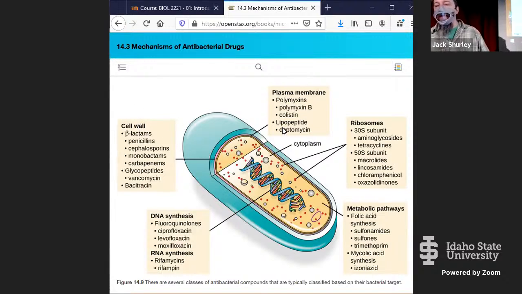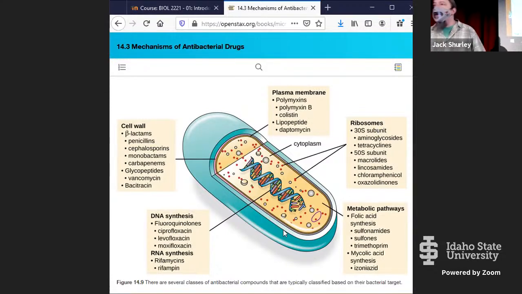For the plasma membrane, there's a handful of drugs that get into this lipid bilayer and cause permeability issues that set the stage for lysis of the cell. There's other drugs that function with protein synthesis. There's a handful of different ways that they work, as you see here, targeting different regions on the ribosome, but basically inhibiting the production of proteins, so messing up the translation process.